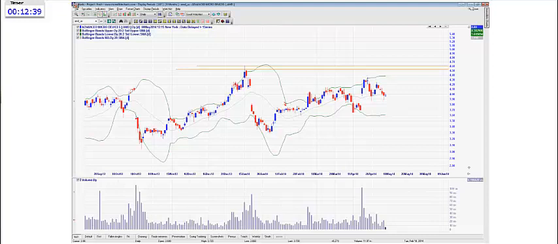So just like the question on how do we find the 26.50 mark, what I'm looking for is areas on the chart where a stock has rallied up fast and aggressively and has come to a very sharp top and plummeted straight back down.